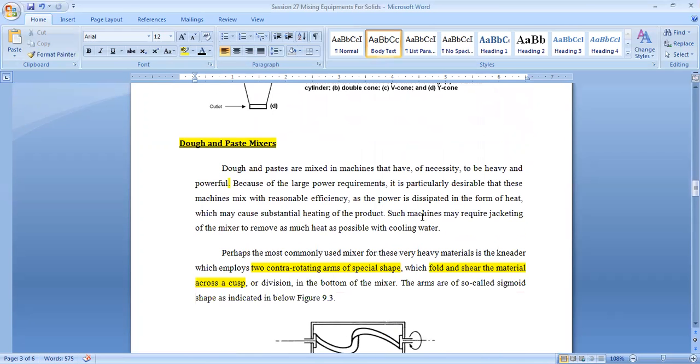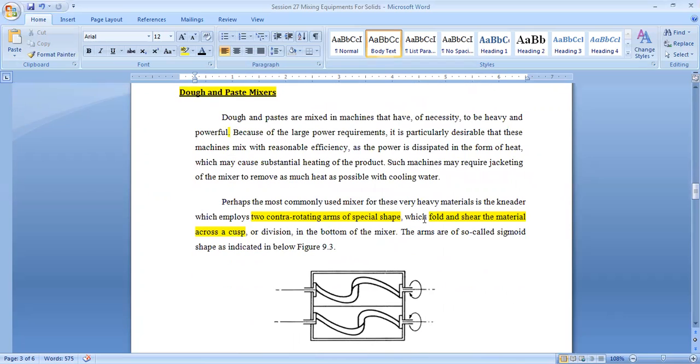Then comes the dough and paste mixer. How will the dough be mixed? For dough and paste mixing, the most popular is the kneader. This kneader has two contra-rotating arms of special shapes. When those arms move, a folding and shearing action takes place, and because of this folding and shearing, the material passes across a division, across a cusp.